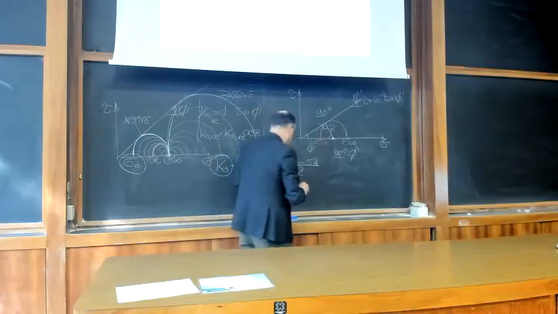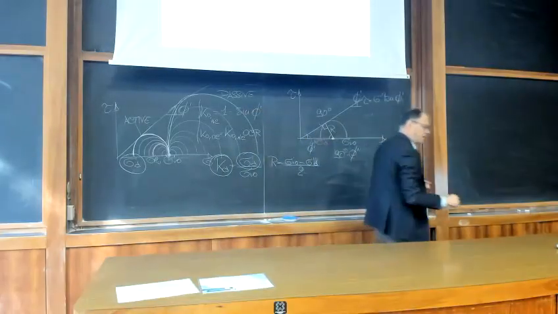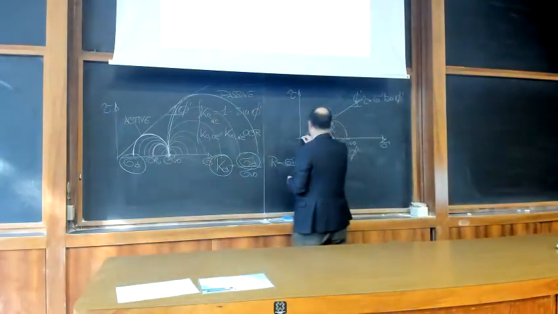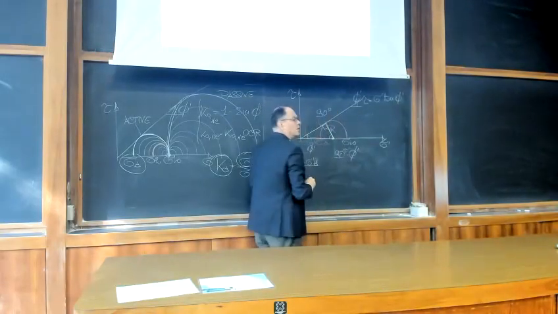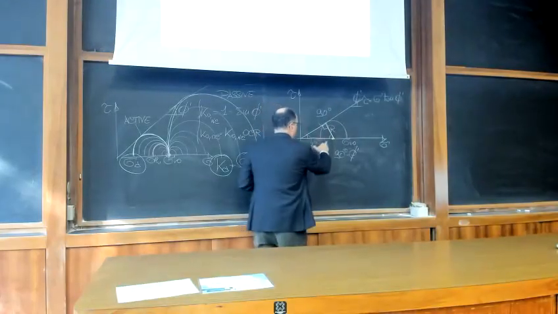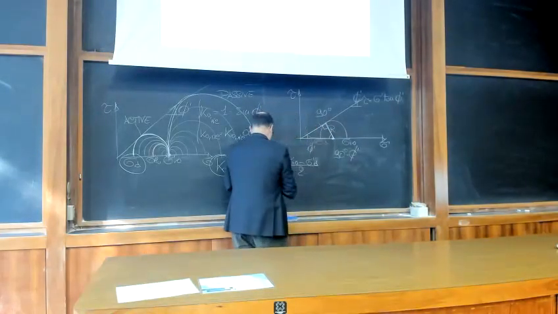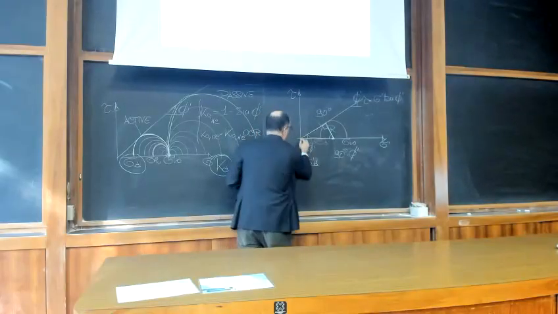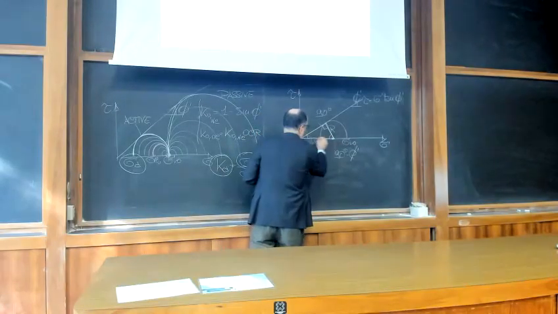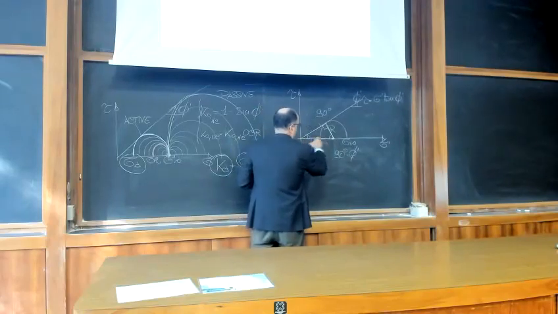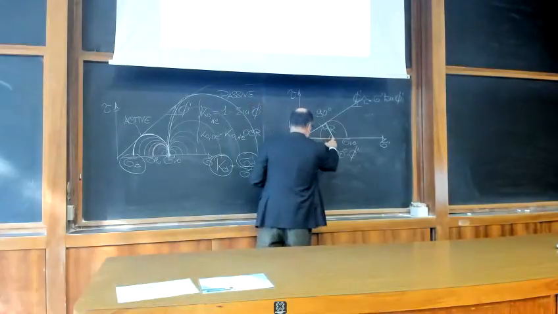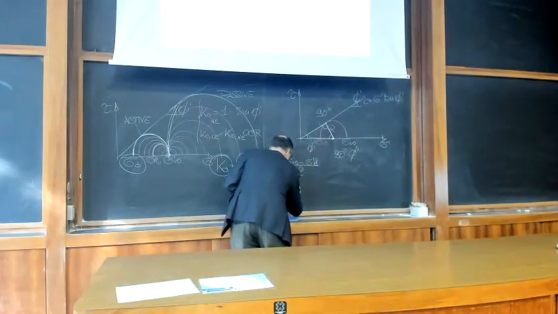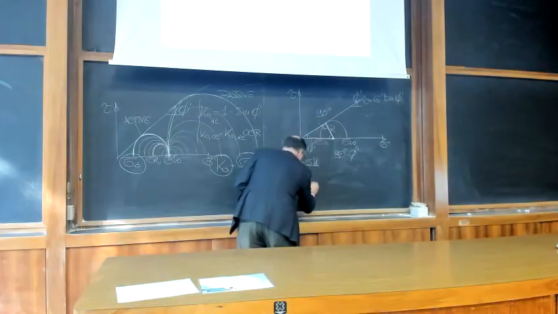But if you consider this rectangular triangle, you can also say that this is the semi-sum of the two principal stresses. This distance is sigma v naught plus sigma a divided by 2.